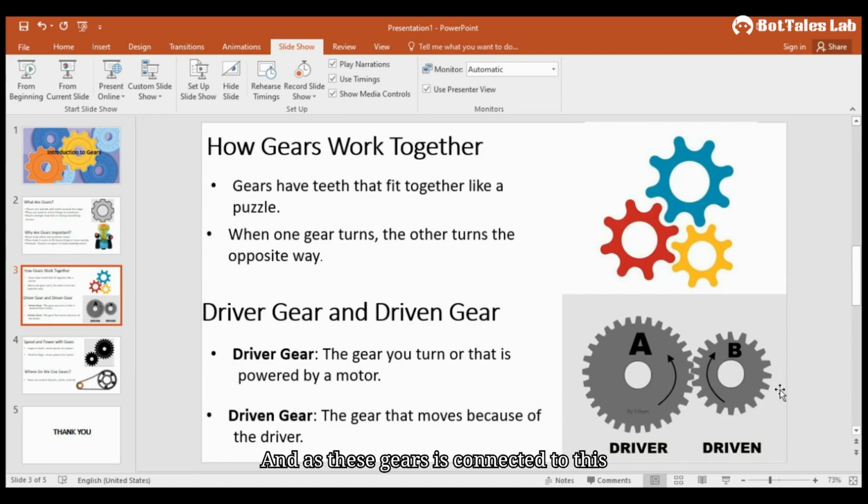This gear is connected to another gear through the teeth of each other, so due to the motion of gear A, gear B will also rotate. Here gear A, which is rotating with the help of the motor, is called the driver gear, and gear B, which is rotating due to the motion of gear A, is called the driven gear.